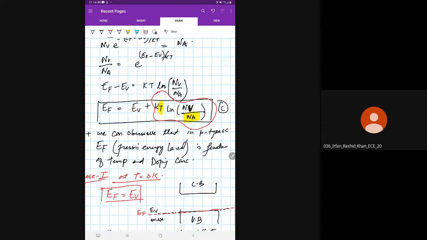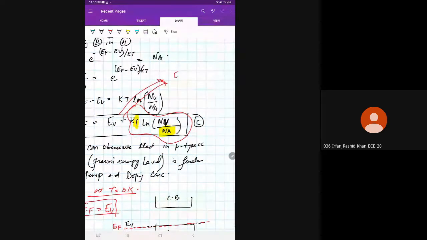But once the temperature increases, there will be some positive quantity added to EV, because now this equation will become EF equal to EV plus some positive quantity.